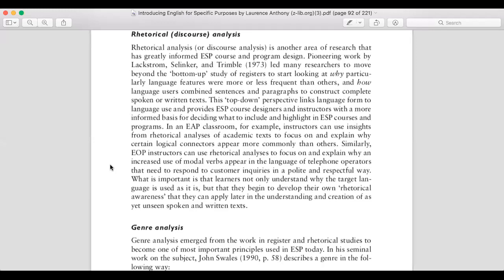And if you can recall, in the reflection at the beginning of this chapter, we were asked to read an abstract from the field of chemistry. Okay, so what was required there, and we will, in an activity later on, if we are asked to design ESP for the scholars of chemistry who would like to utilize their language skills in writing an abstract, what kind of syllabus should be taught to them, or what should be the basic components in their syllabus, right?